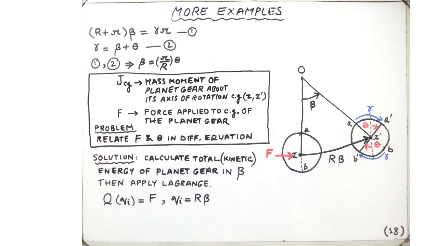In this case, the force is applied to the center of the planet gear, that is at point C, and therefore the loading function is simply the force. The corresponding displacement variable is the displacement at point C, which we know is described by the linear displacement, that is capital R times beta, the arc length.